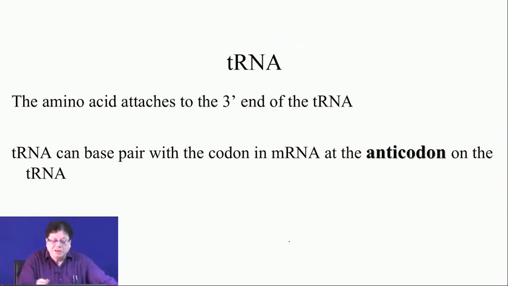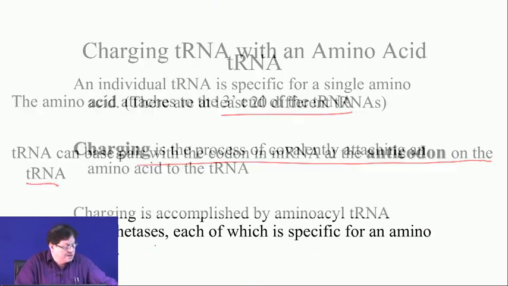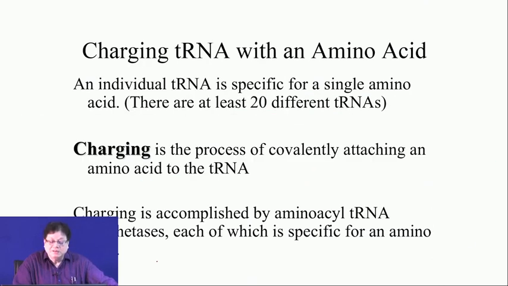Okay. So, now let us go to the translation machinery. As I already said, the tRNA can base pair with the codon of the mRNA at the anticodon on the tRNA. Let us see what that means. First step: once the mRNA is synthesized, the tRNAs, which are usually free, have to hold the amino acids via this acylation.